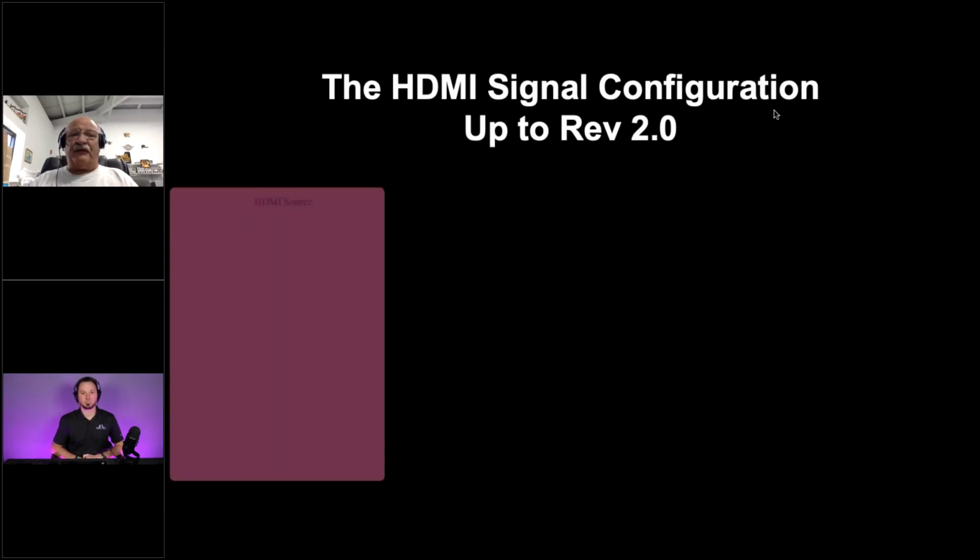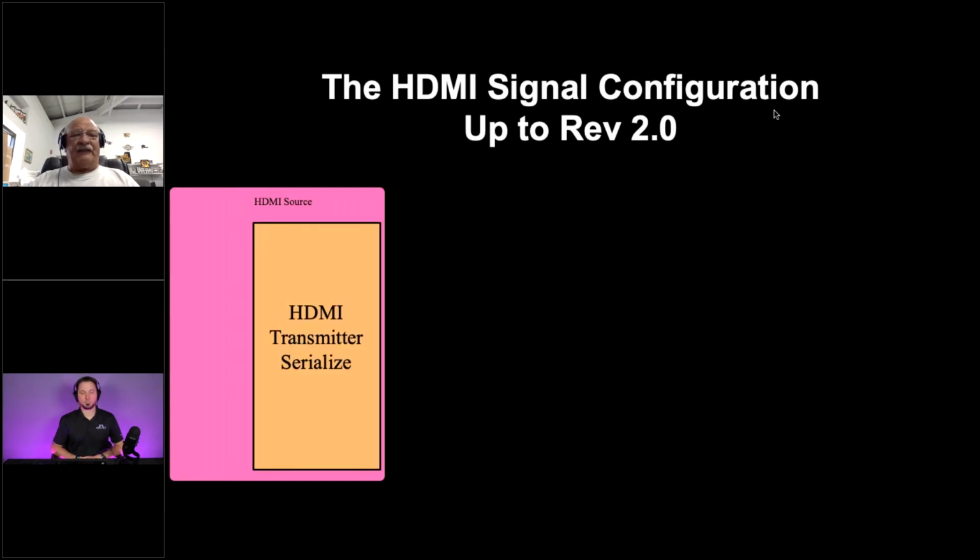However, there's still a lot going on, and so we're just going to run through this in a picture format. Every system starts off with an HDMI source, a Blu-ray player, a Roku box, whatever. And in that source, they have to follow rules. Those rules are you must have some sort of serializing system. So they have an HDMI transmitter in the back end of the piece.